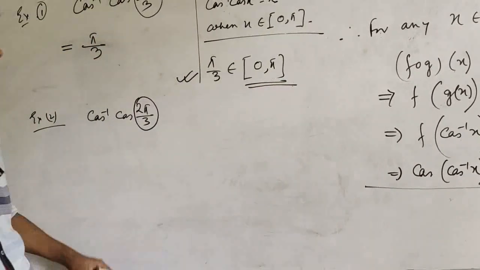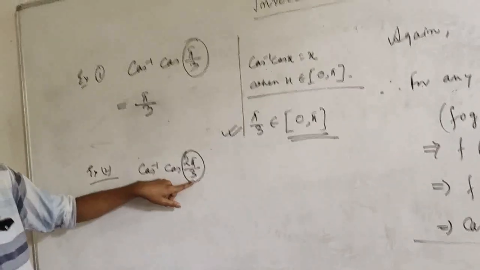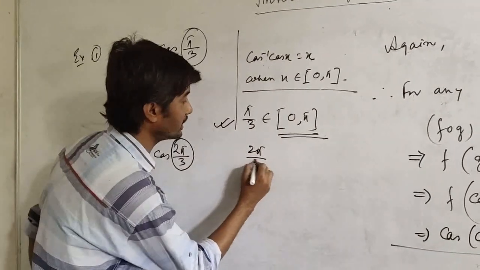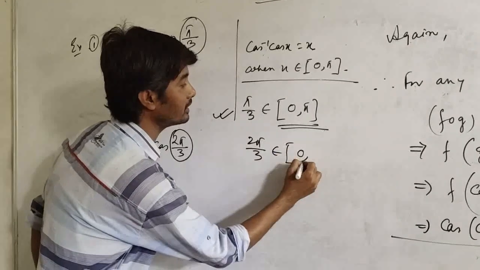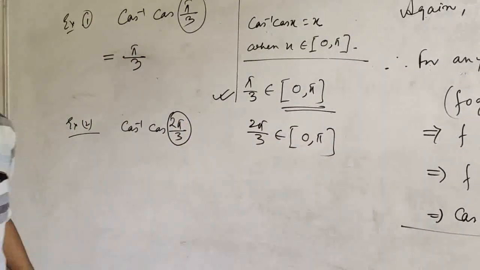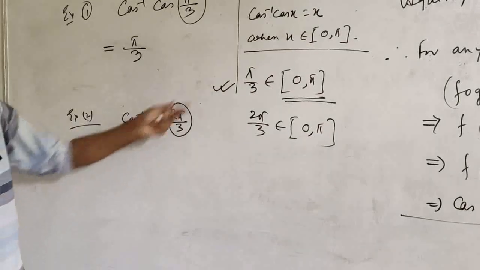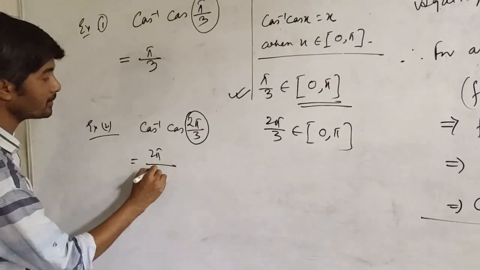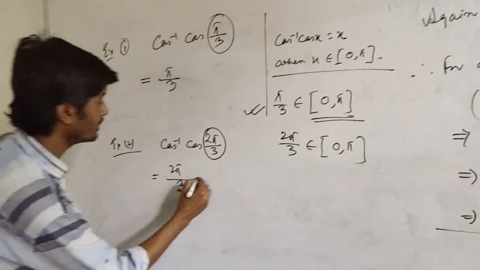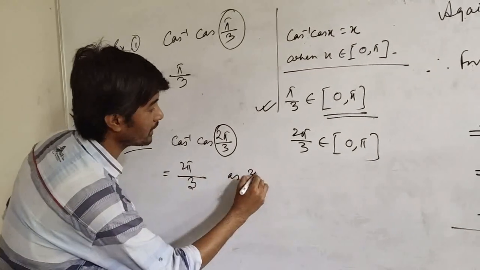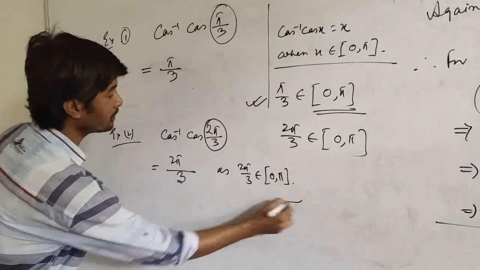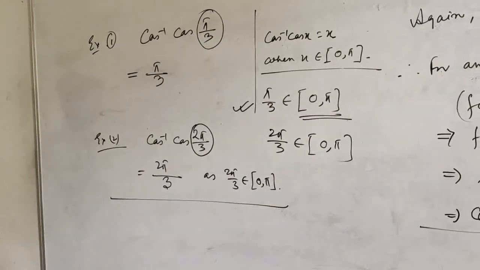We have seen that 2 pi by 3 belongs to the interval 0 to pi. Therefore, we can directly use this formula here once again. This will be equal to 2 pi by 3. Why? As 2 pi by 3 belongs to the closed interval 0 to pi.